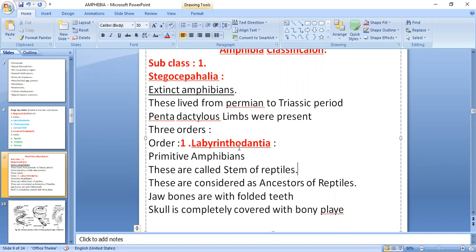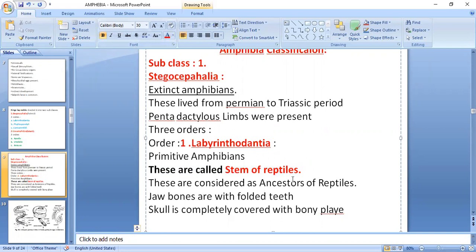These are very, very primitive amphibians, and this is a very important point. It was asked many times in many exams. Labyrinthodont amphibians are commonly called the stem of reptiles. What does it mean?